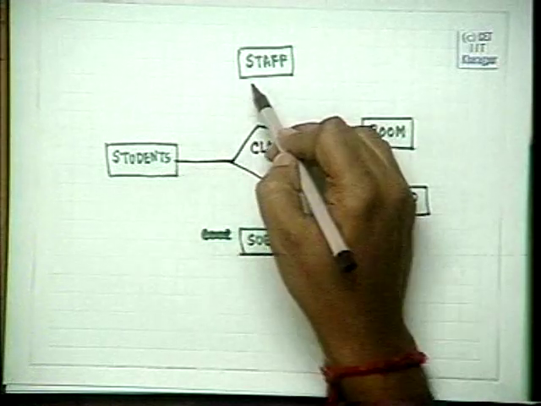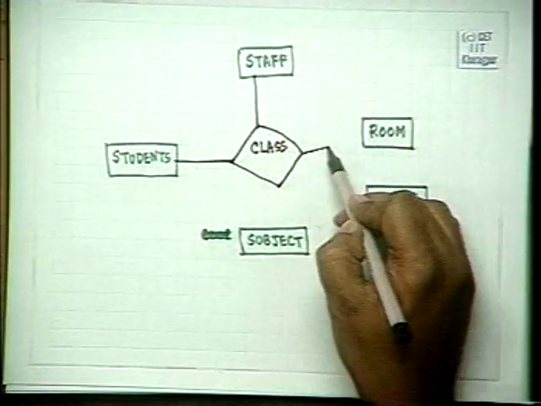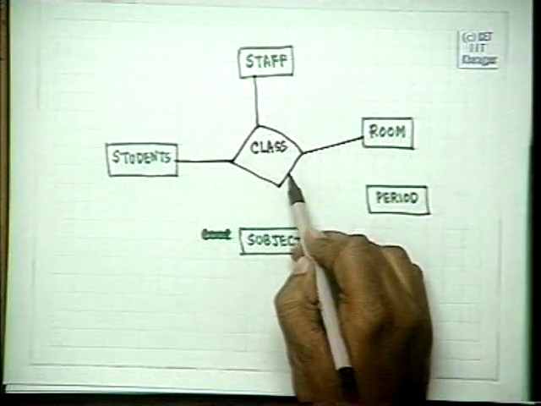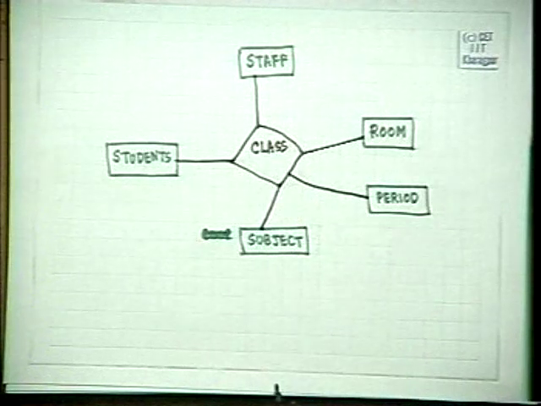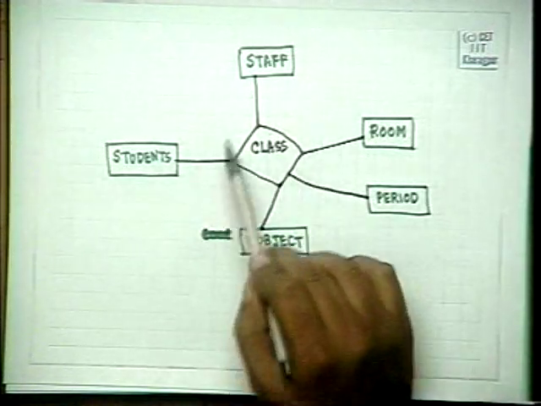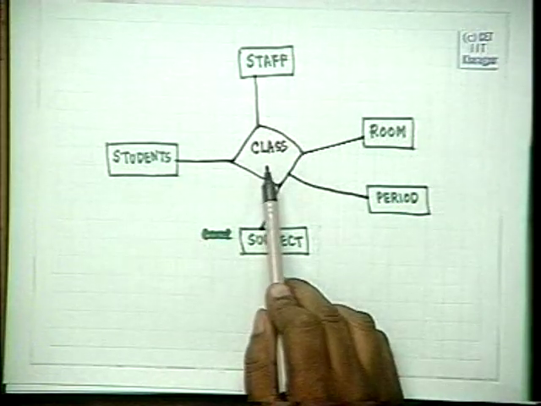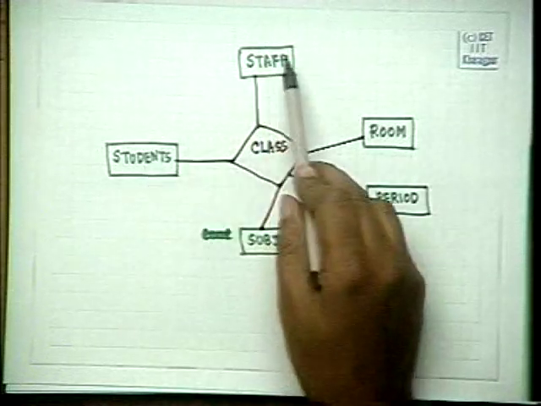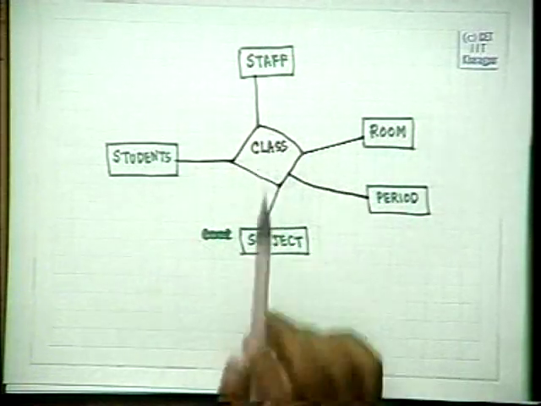These students attend the class, this staff takes the class in this room and this hour, and this subject is taught. So a relationship may have more than one entity, and the attributes of this relationship will be the attributes of all the entities and its own attributes, if any.